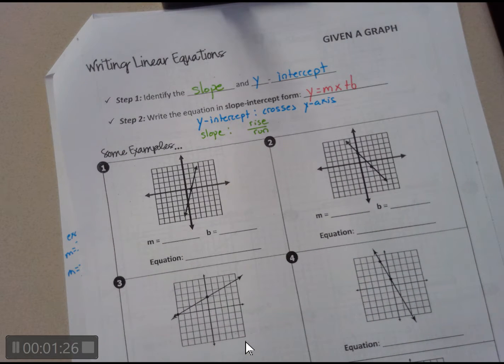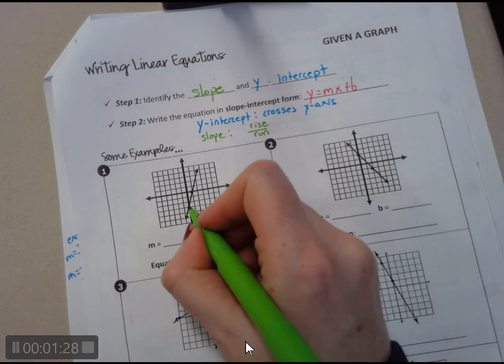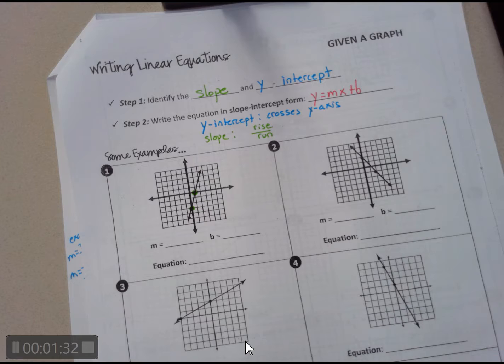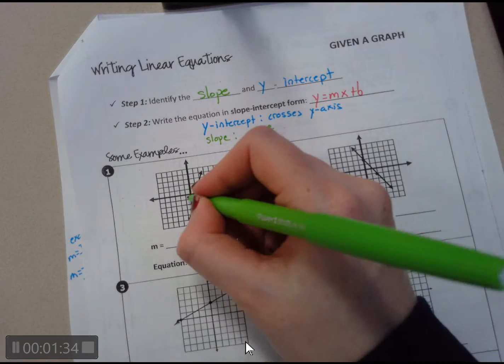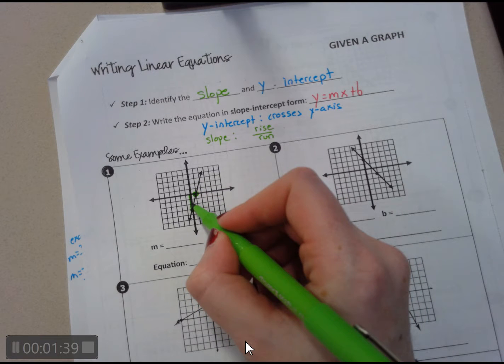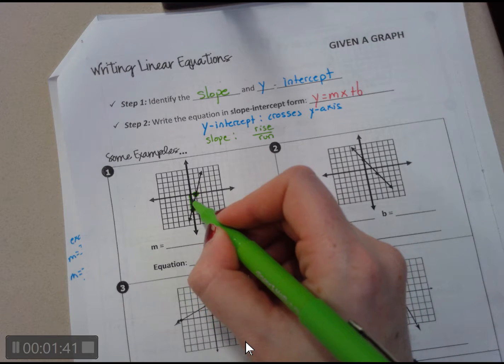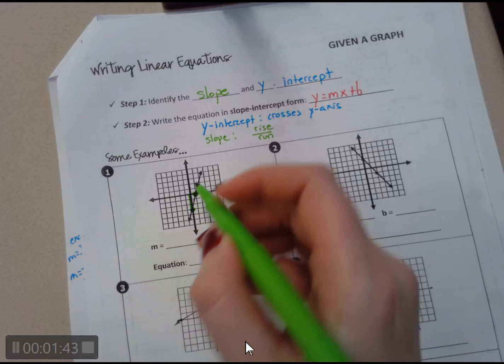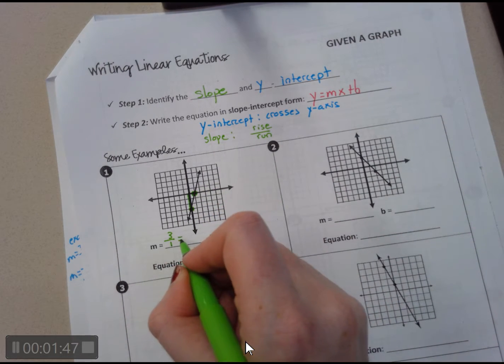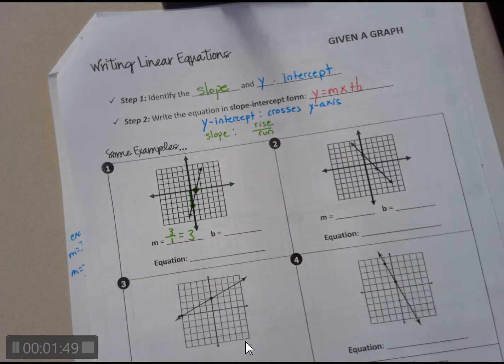So let's do our first example. It gives me these 2 points here and here. So remember, we are going to do our triangle. And if you notice, I'm going up 1, 2, 3, and over 1. So our slope is 3 over 1, which is just going to equal 3.